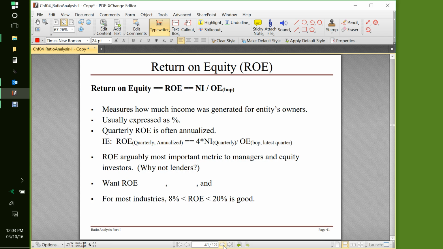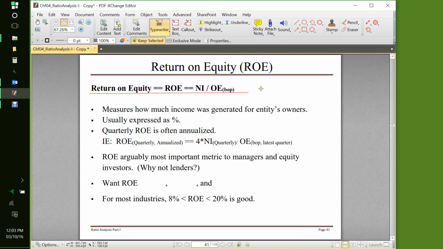Okay, better than return on assets. Arguably the most important of this class of ratios is return on equity, okay? Return on equity is defined to be, let me underline this because it's very important, net income in the period divided by equity at the beginning of the period.